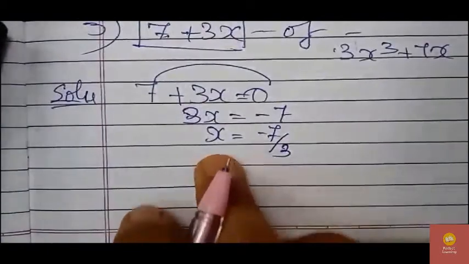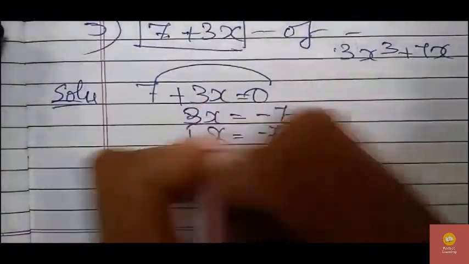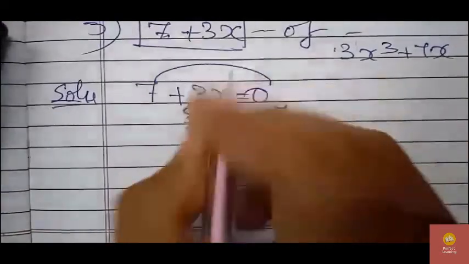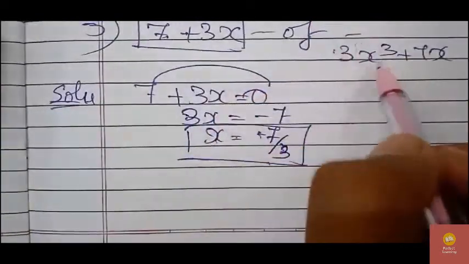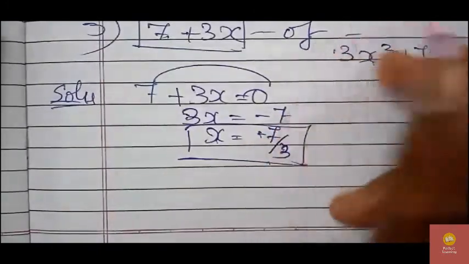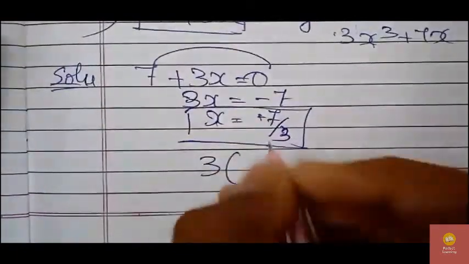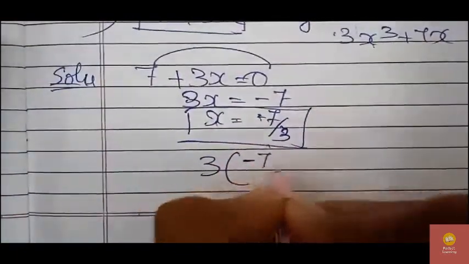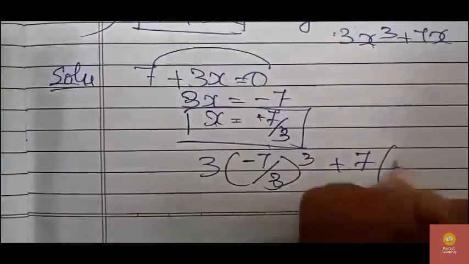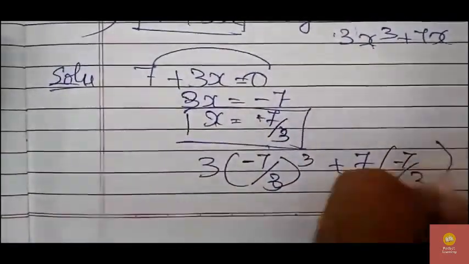We got x is equal to minus 7 by 3. Further, we have to solve by putting this value wherever x is present. Further solving, 3 into minus 7 by 3 whole cube plus 7 into minus 7 by 3.